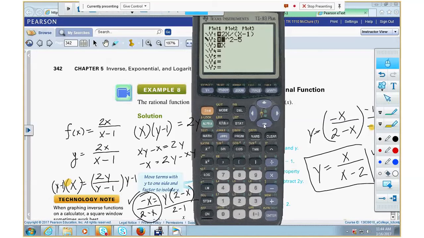And then the second function is y is equal to x divided by, parentheses, x minus 2. And you can see it's symmetrical. It's not around the x-axis, but around a shifting line. Everybody see that?